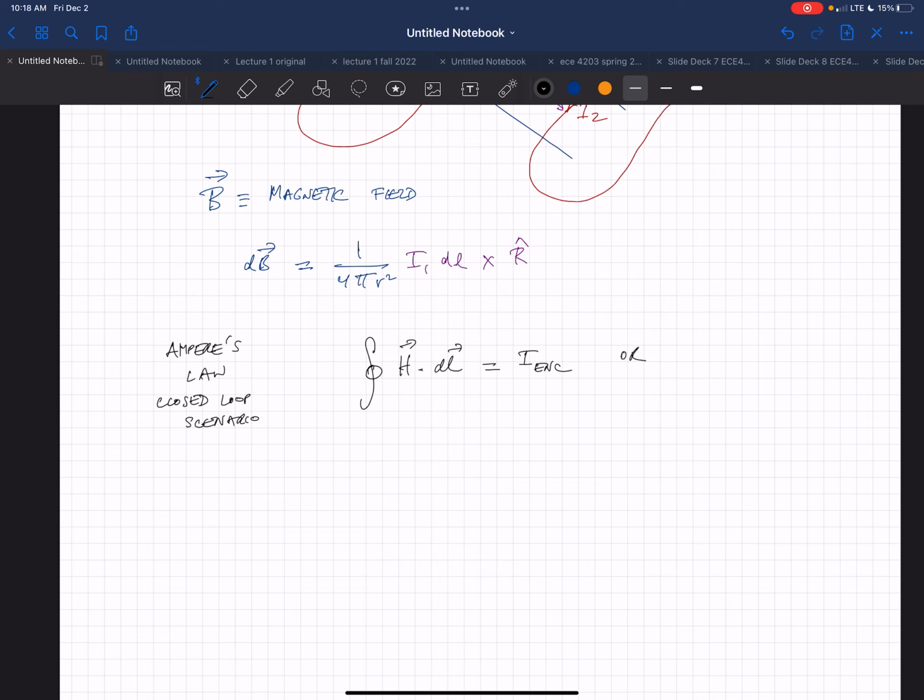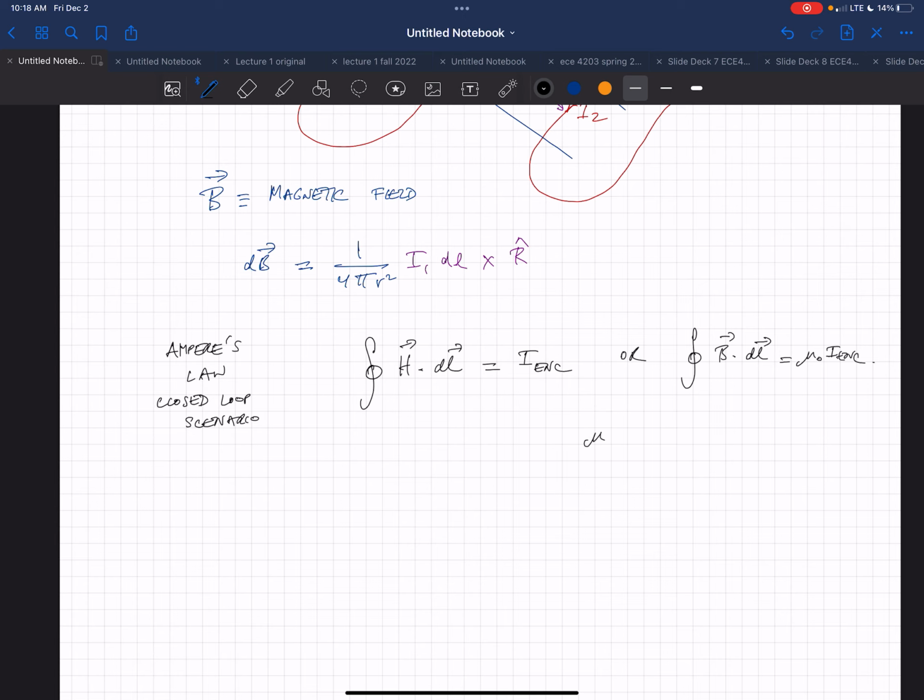Or if you're talking about, so H is the magnetic flux. If I talk about the magnetic field, it would be B dot dl is mu naught I enclosed.